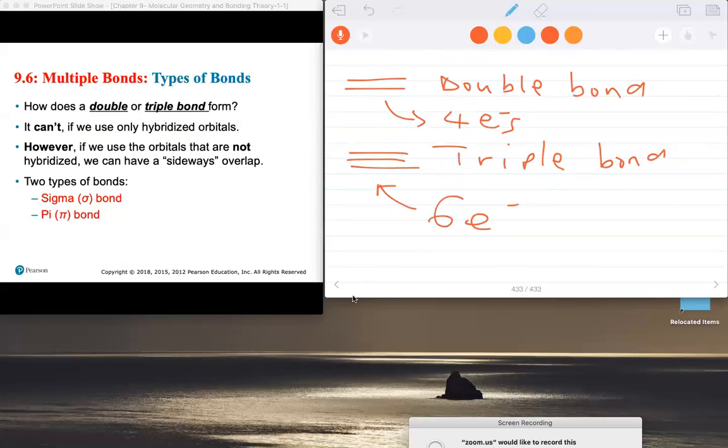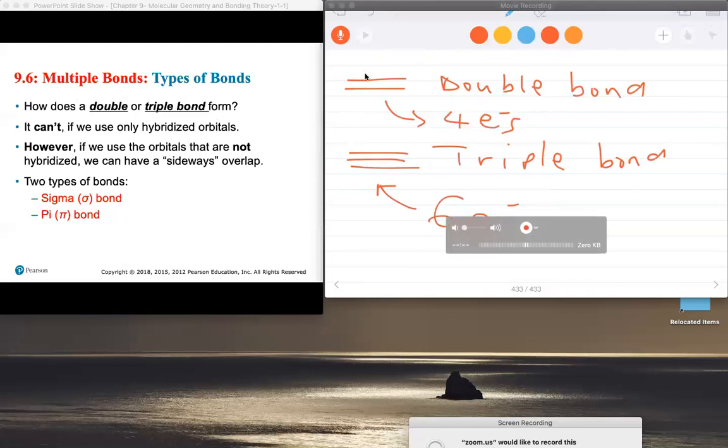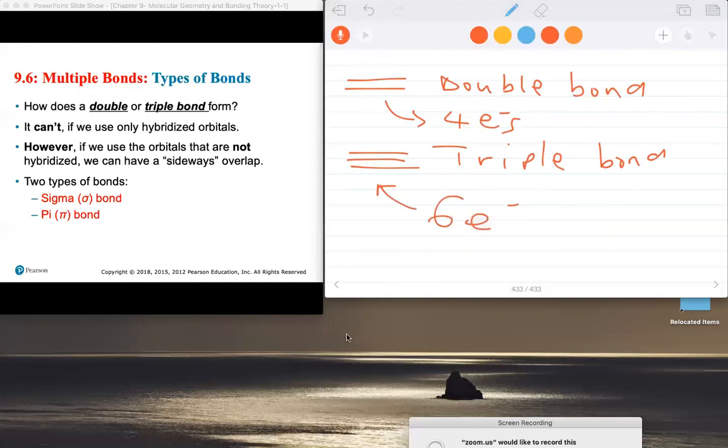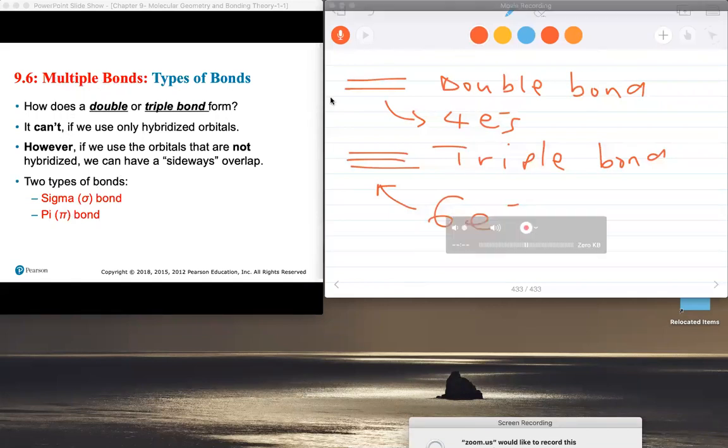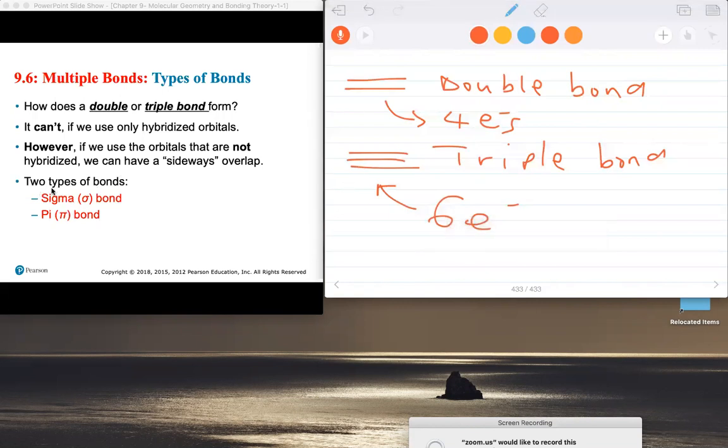Now, in 9.6, multiple bonds refers to double and triple bonds. In double and triple bonds, we have what we call sigma bonds and pi bonds. In both multiple bonds, we have 2 types of bond.